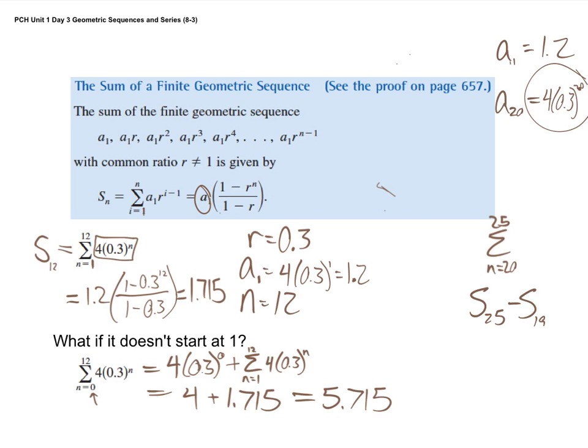As long as you plug in the first value you want here, you can make n into just how many terms you want. From 20. So 20 to 25 would be 6 terms, yeah.